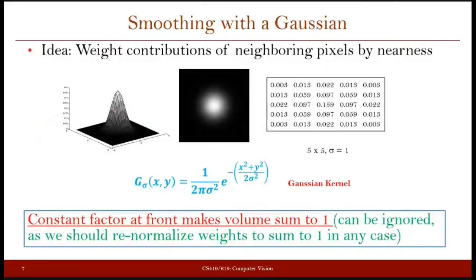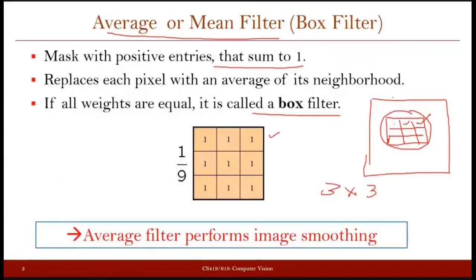Now let us think about another filter, which is again a smoothing filter. But in the previous case, when you were computing the average to get the new intensity for the central pixel, you were giving the same weightage to all the pixels.